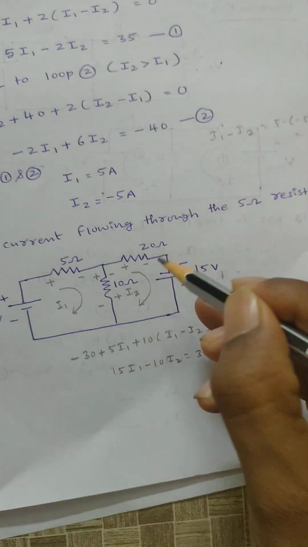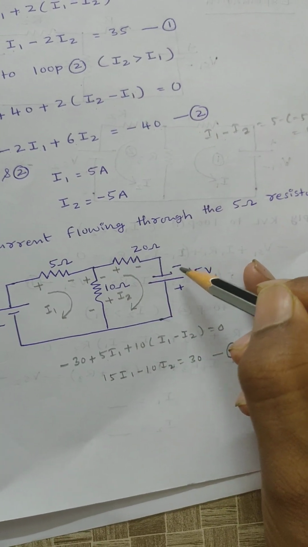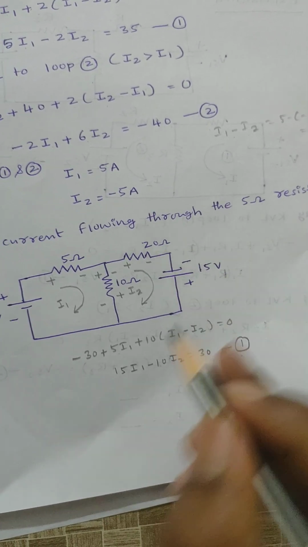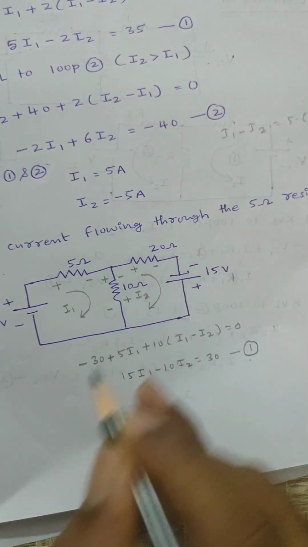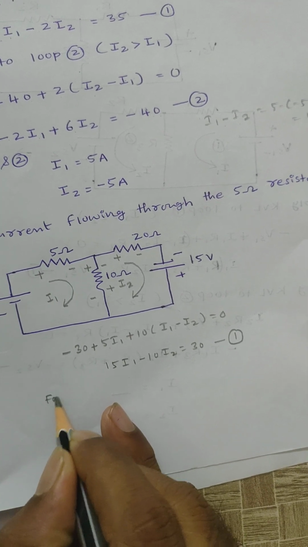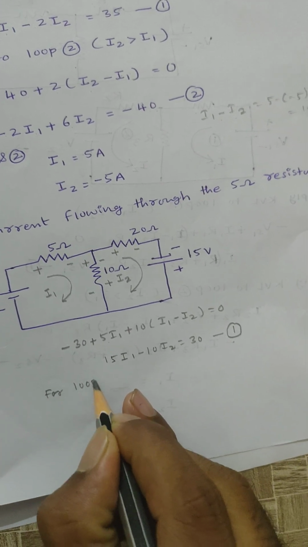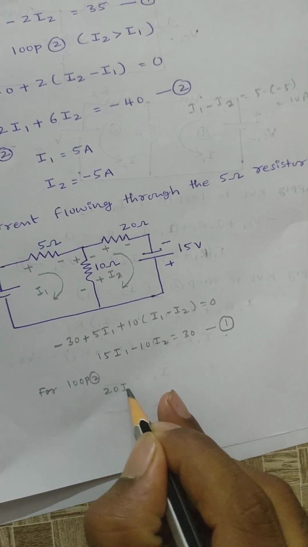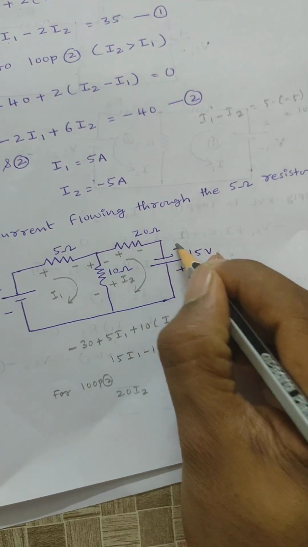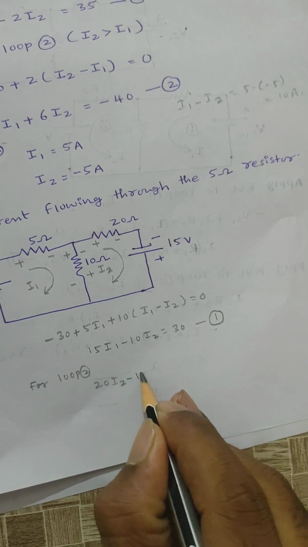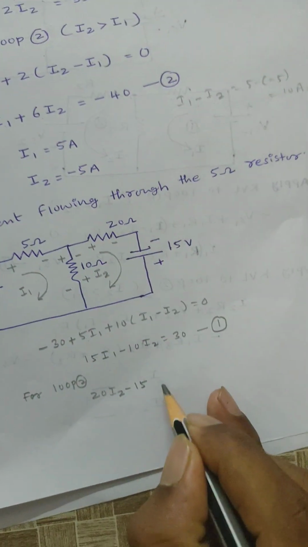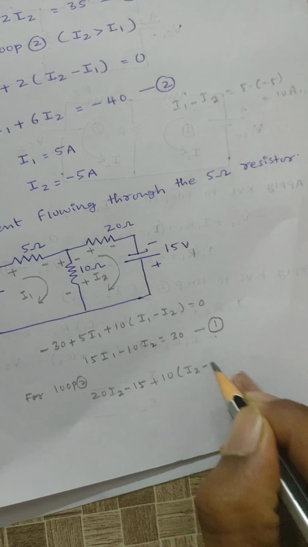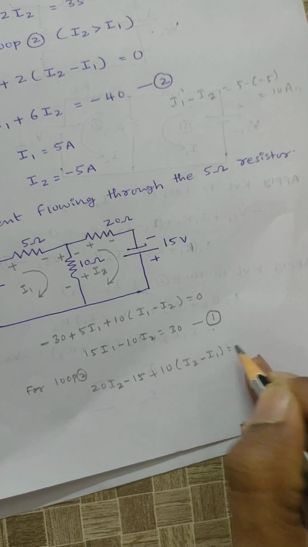Next, apply KVL to loop 2. When we consider loop 2, the current magnitude is greater than loop 1. Then for loop 2, 20I2 plus minus, here minus plus, minus 15, again for plus minus, plus 10 into (I2 minus I1) is equal to 0.